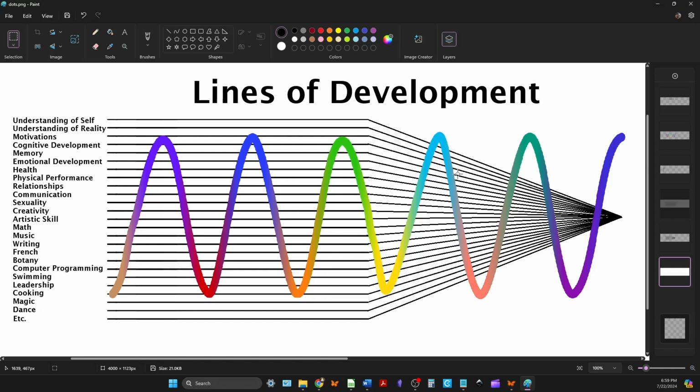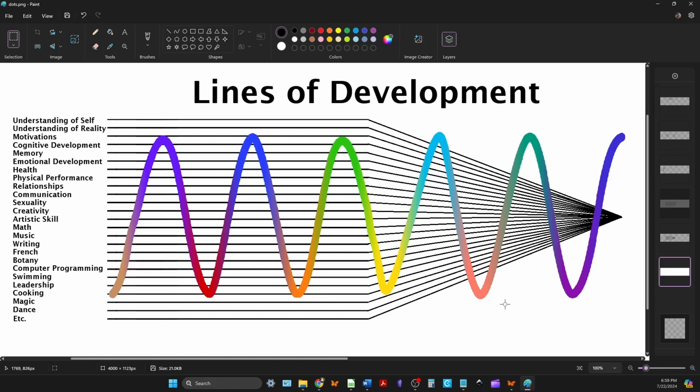And you start to feel the resonance among all these different areas of your life and how they affect each other. And by the time you get to coral stage, you start to see that you actually can't develop any individual line of development without developing the other ones.